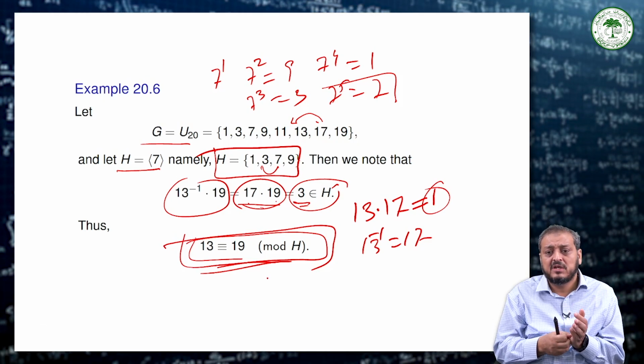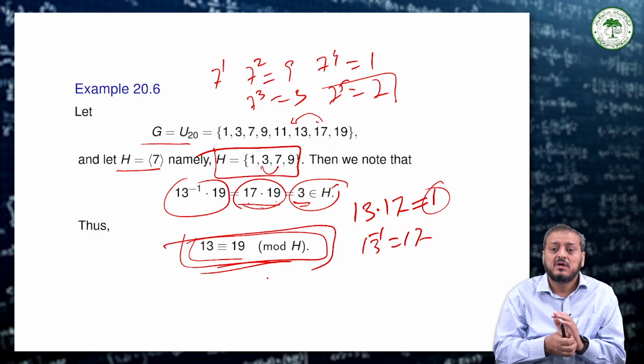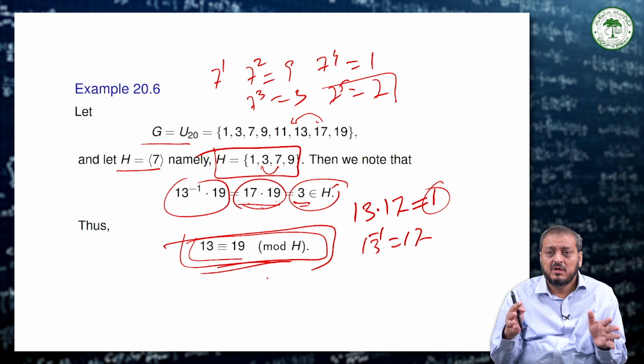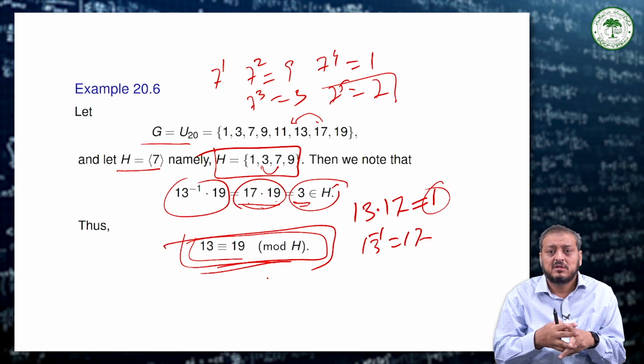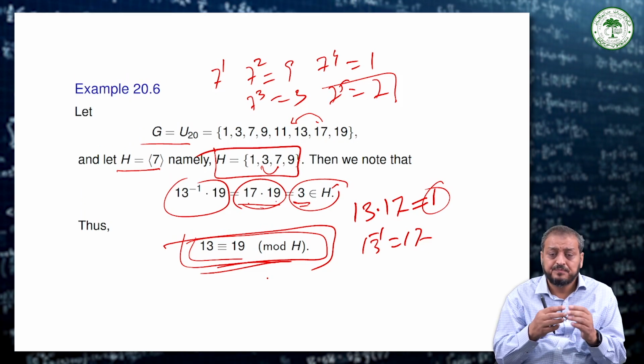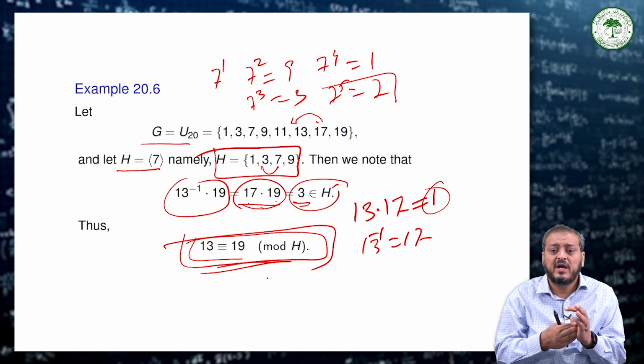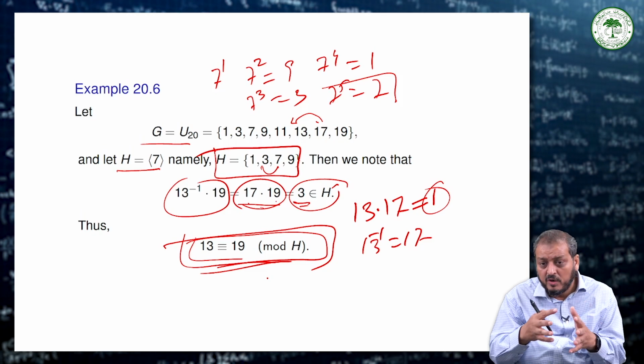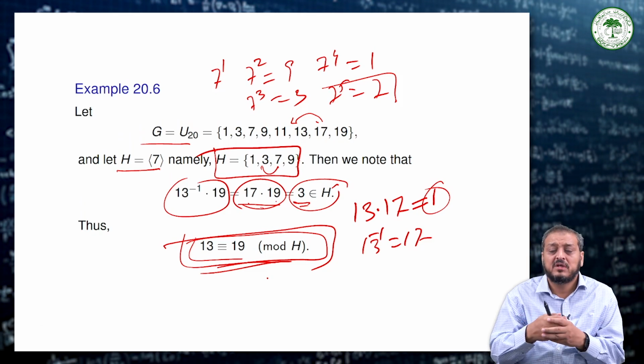In the next class, I have to stop this class here. In the next class we have to discuss some properties of this coset. First we show that congruence modulo H is an equivalence relation.